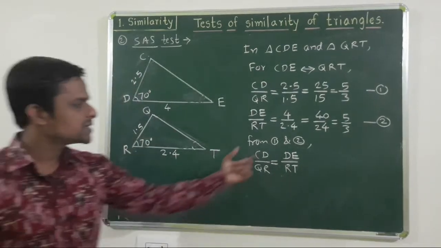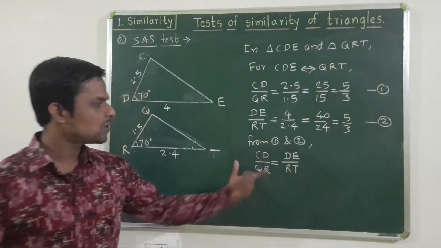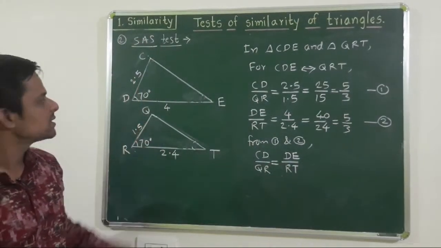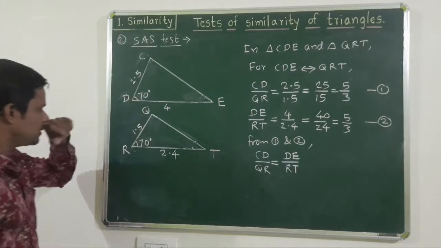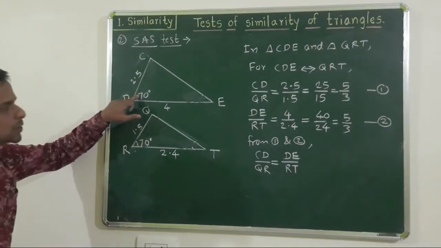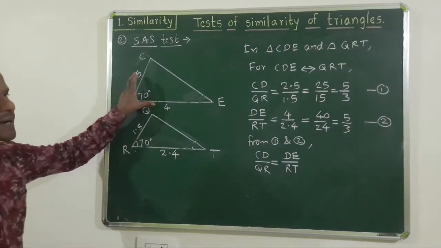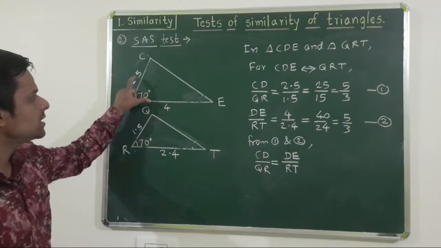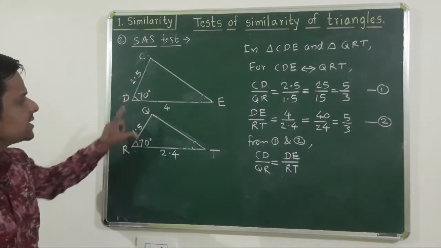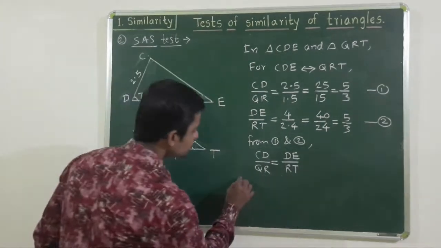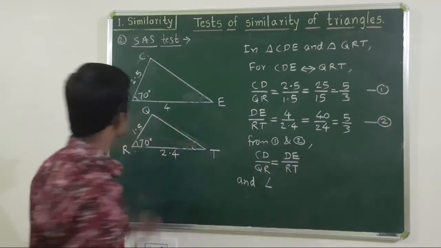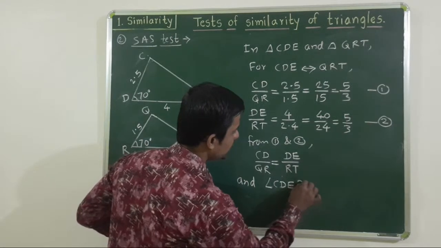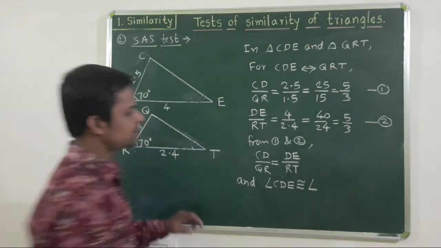Means corresponding sides are in proportion, not all the three sides, corresponding two sides. Corresponding two sides are in proportion and, sorry, the included angles are congruent. Included means in between these two sides, the angle between these two sides which are given, that is this one and this one, included angles are congruent. And angle CDE is congruent to angle QRT.